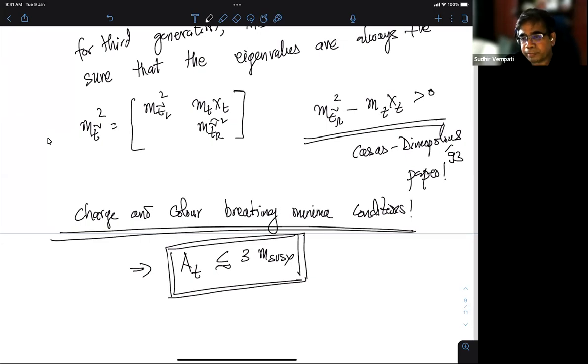You forget about sbottoms and staus and everything, especially in the large tan beta region. Then only focus on stops and the two Higgses, and you can do the computation. Otherwise, the generic problem is super complicated.